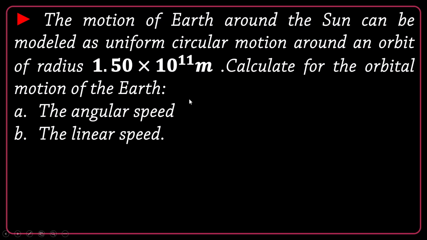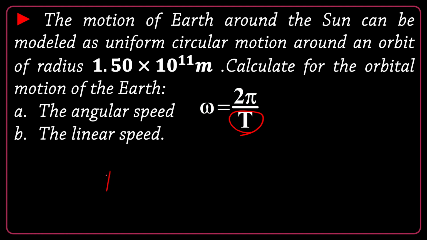The motion of Earth around the Sun can be modeled as uniform circular motion around an orbit of radius 1.5 times 10 to the 11 meter. Calculate for the orbital motion of Earth the angular speed and linear speed. Okay, angular speed is omega. I can use the basic relation 2 pi divided by T. T is the period of orbital motion.